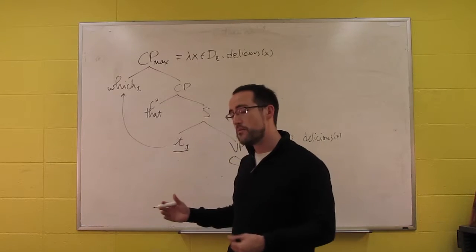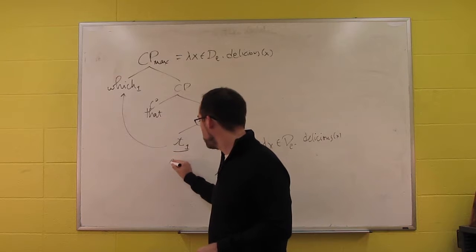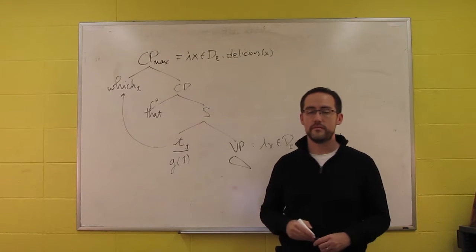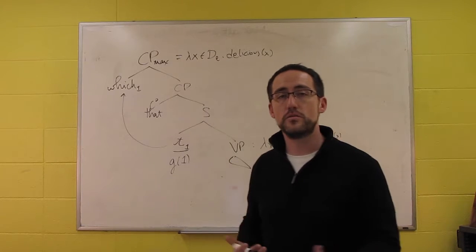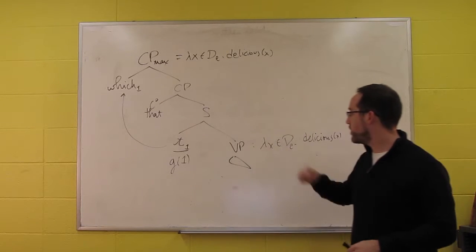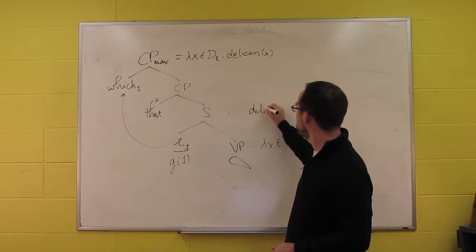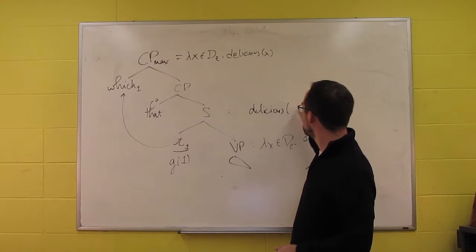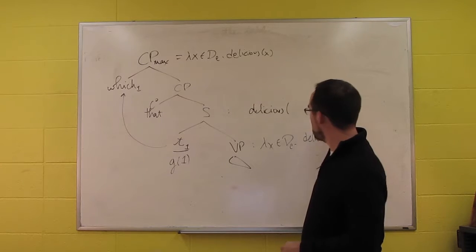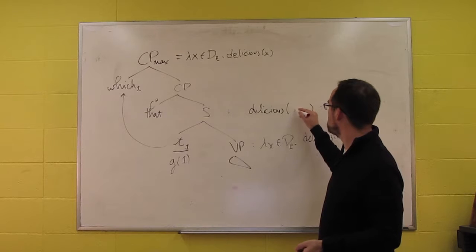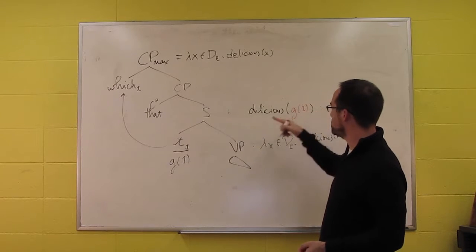So if your assignment is g, then the meaning of this will be g of 1. And then we can just plug it in to our verb phrase, and we get our sentence. And that will be of type t. And so far so good. What this means is g of 1 is delicious.